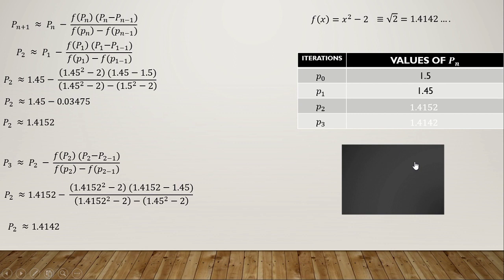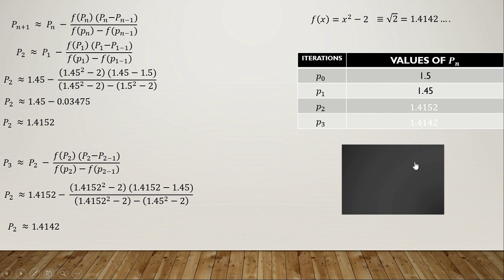Notice that the secant method is way faster, and it is way more precise compared to Newton's method and the bisection method. Whereas the bisection method was dancing around the actual value, the secant method approximated the actual value to 4 decimal places with very few iterations, which is very impressive for a method.